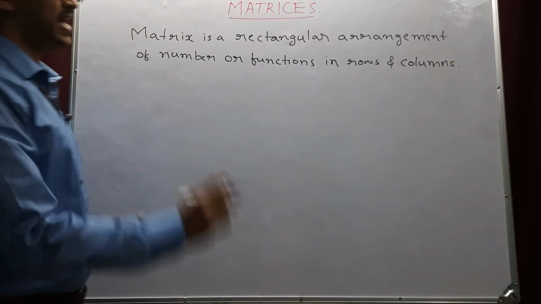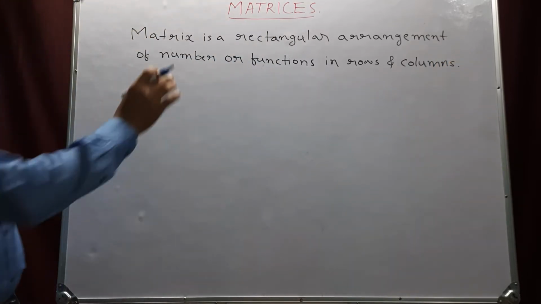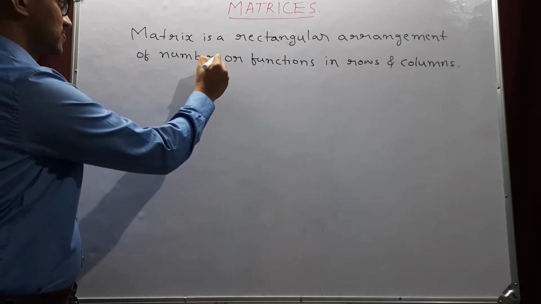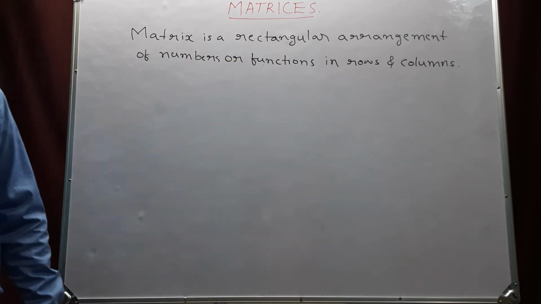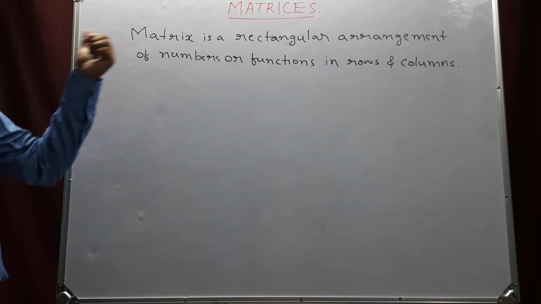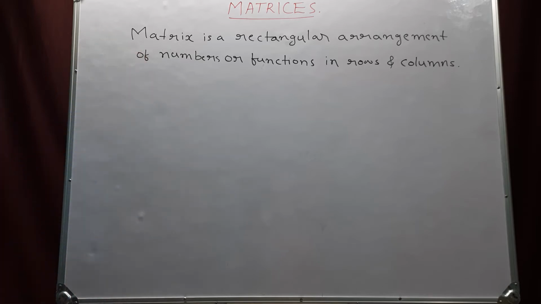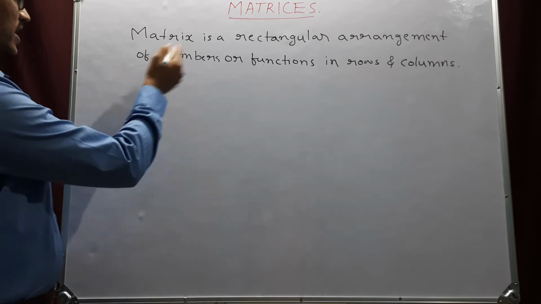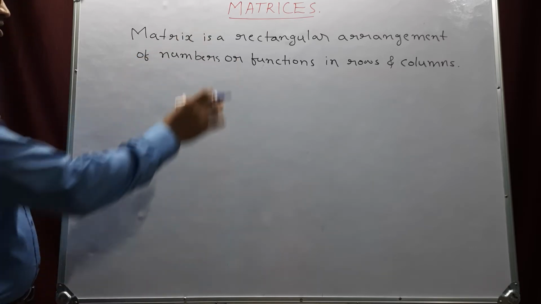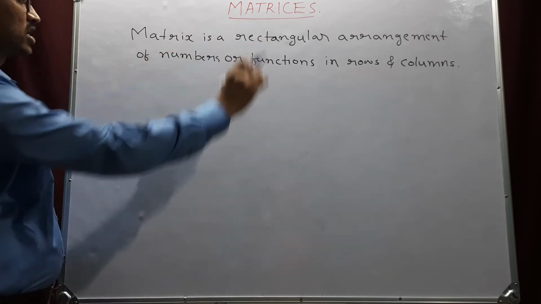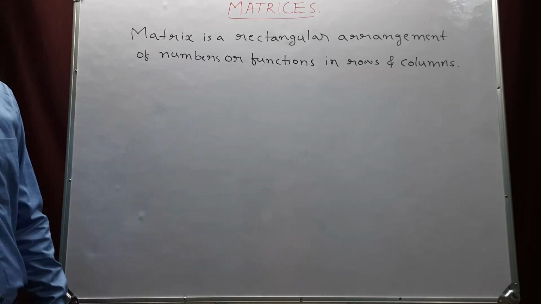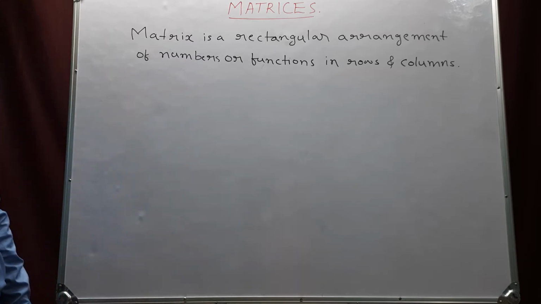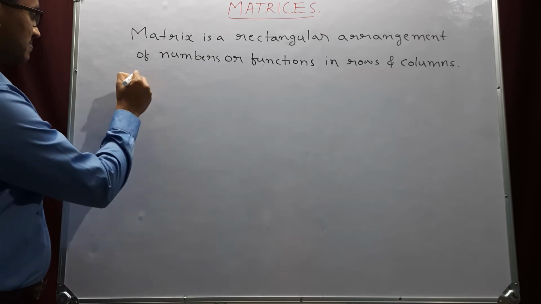So this rectangular arrangement of numbers or functions in rows and columns, we call it as a matrix. So usually we are going to put a square bracket along this rectangular arrangement of numbers or functions. So let us see some examples.